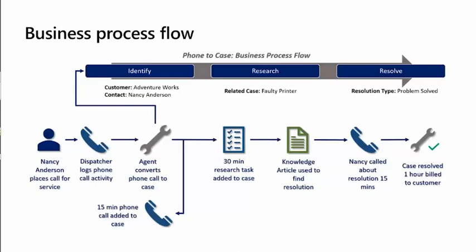Now, it might be that they have 40 hours of service or they're charged individually. It's hard to say what that was with this example, but you can see how we go from the identify, research, and resolve. Let's actually get into the portal and take a look at what that customer flow may look like and how simple it is to see those dashboards and work through.